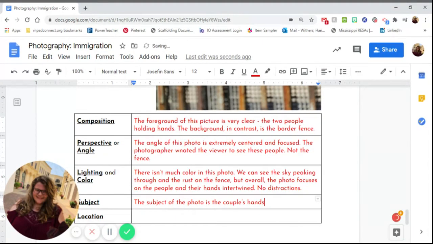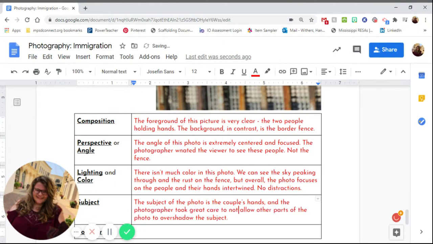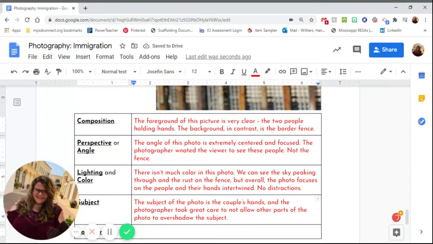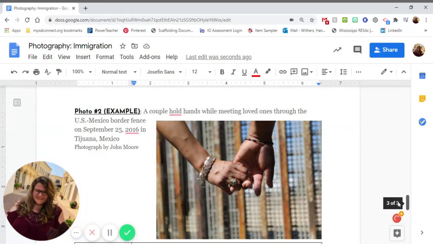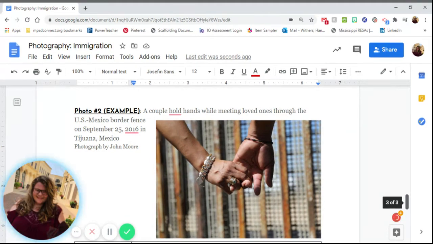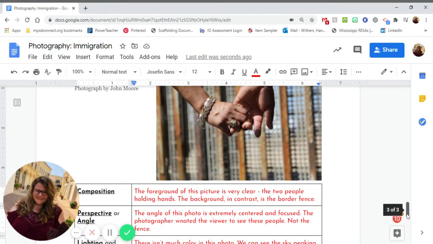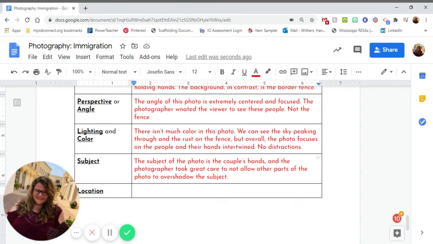We just talked about that with lighting and color. You could look at it in the same way with perspective. The photographer took a lot of care in making sure we are straight on, focused on these people's intertwined hands, this tender moment in an otherwise tense and painful place.